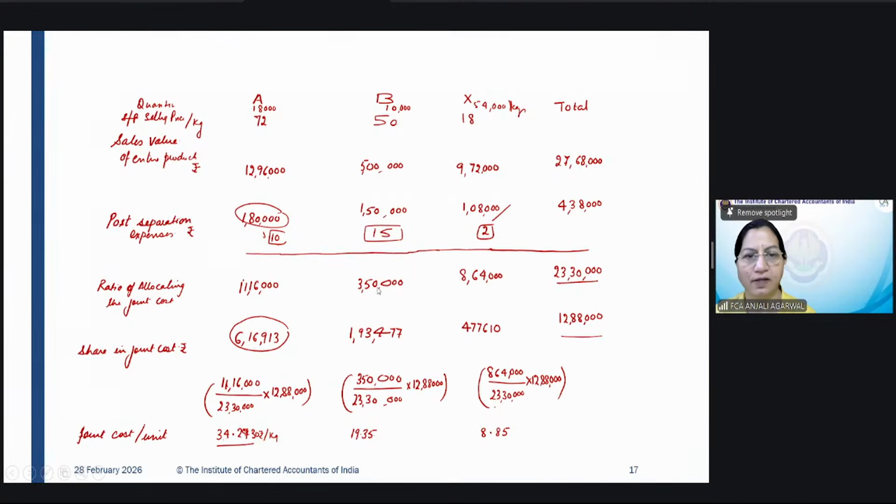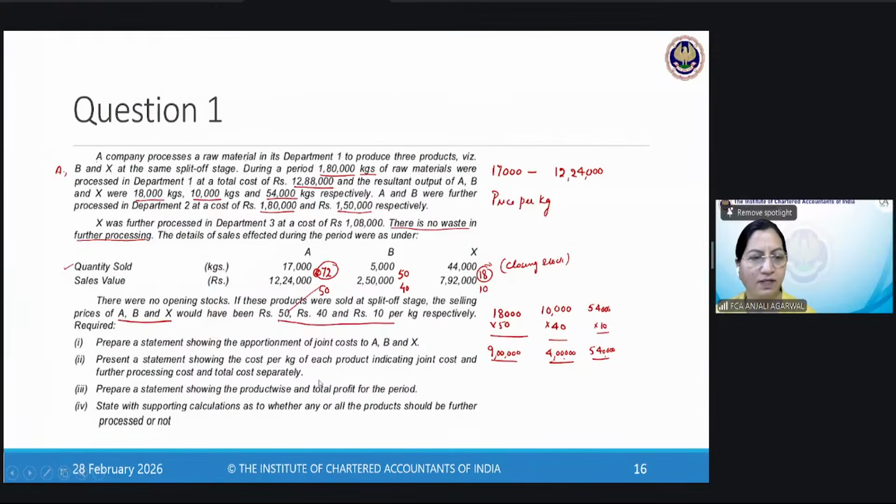Similarly for A, similarly for B, similarly for X, which will give you the per unit cost and total also. Prepare a statement showing the product-wise and total profit for the period.